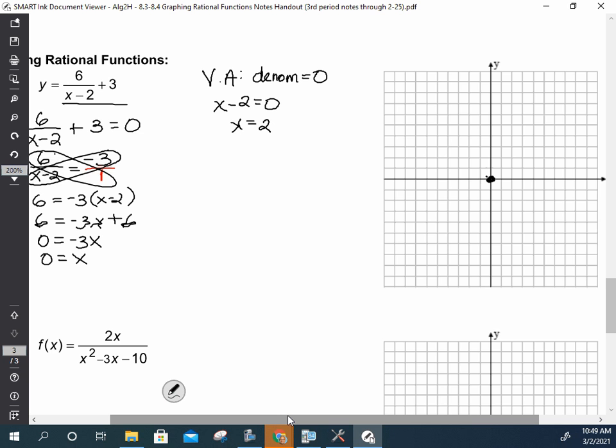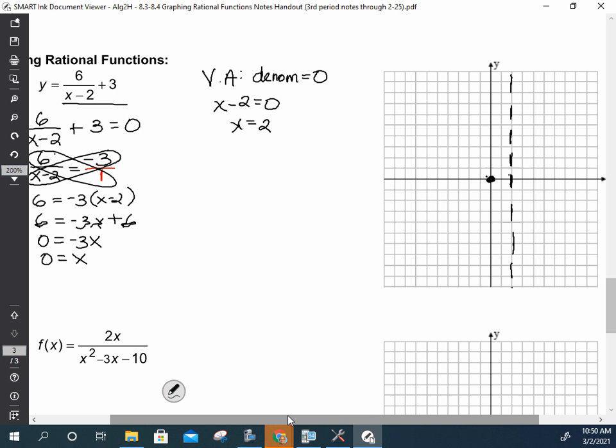Go to the x-axis, find x equals 2, and draw a vertical line through it. Now, notice I am drawing a dotted line. I don't care what kind of line you use. Just make sure that there's a line going up and down at x equals 2.